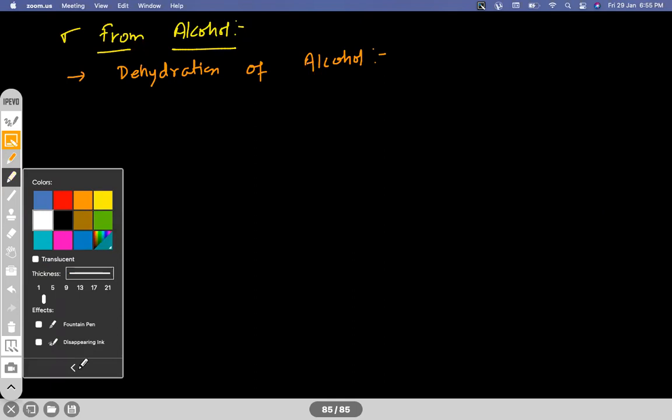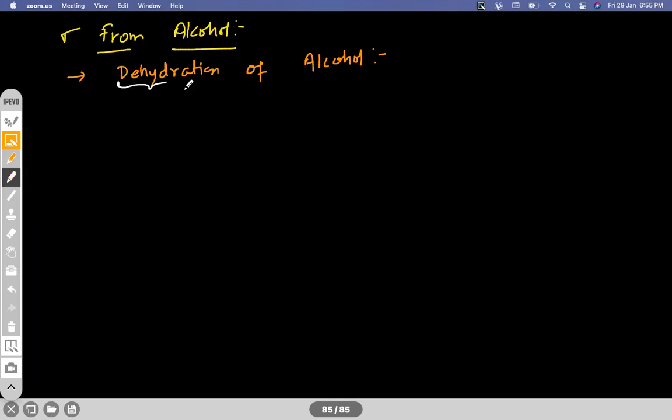This we call the dehydration reaction, or dehydration of alcohol. What is dehydration? Dehydration is removal of water molecule. Removal of H2O.